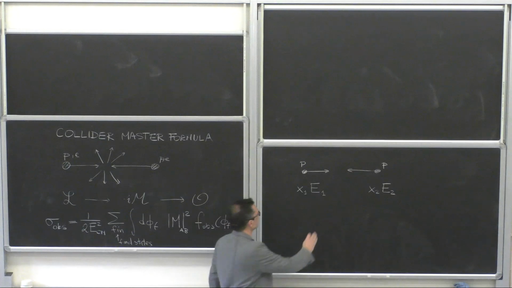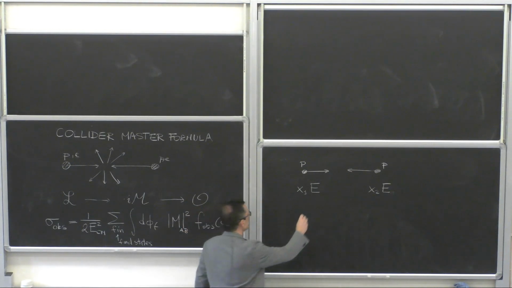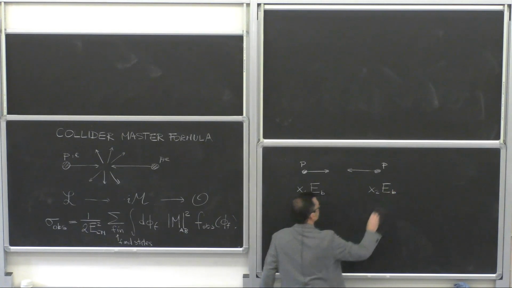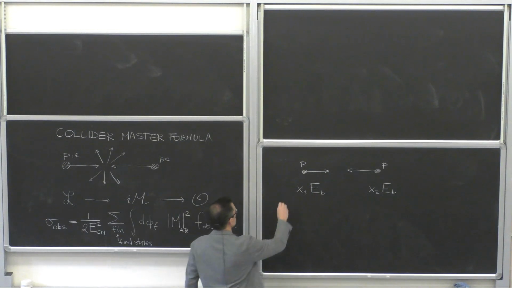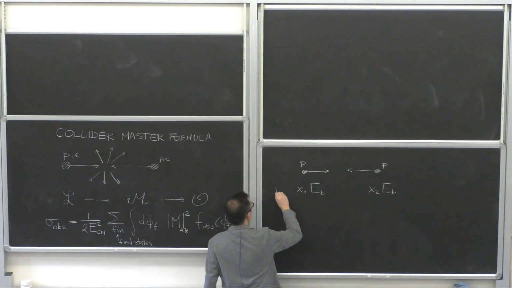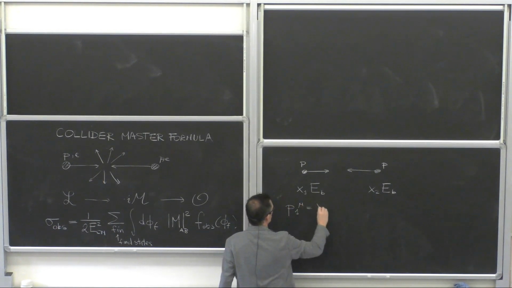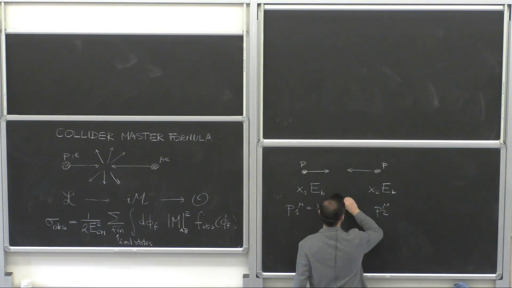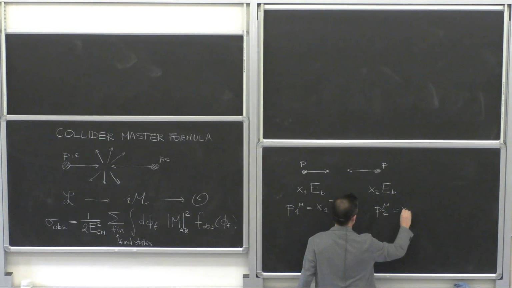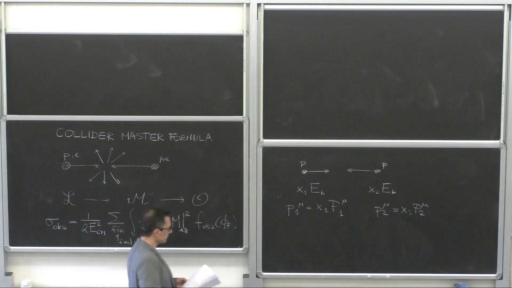If you are in the center of mass frame of the collision, then you can use the same energy. So this is the beam energy. If you write this in terms of momentum, it is x1 P1 and x2 P2, the fraction of the momentum of the incoming proton.